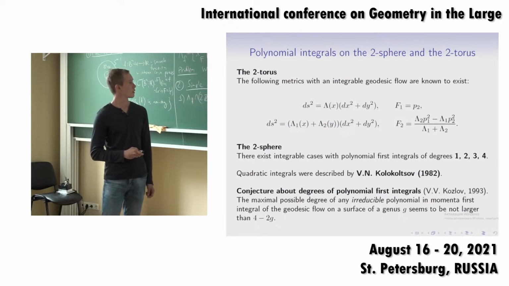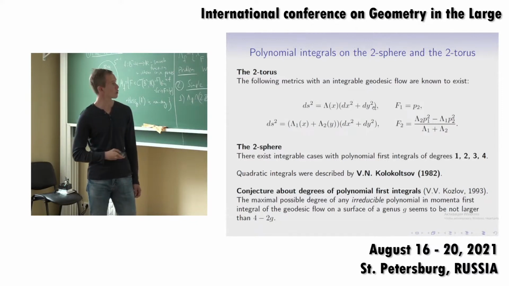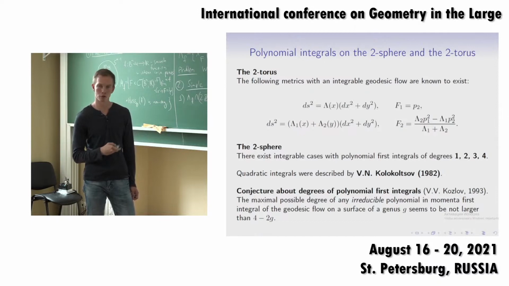And there is a conjecture about these examples on the two-dimensional sphere and two-dimensional torus. This is all we know about it, and Kozlov proposed the conjecture that there are no other integrable cases which cannot be reduced to these ones.